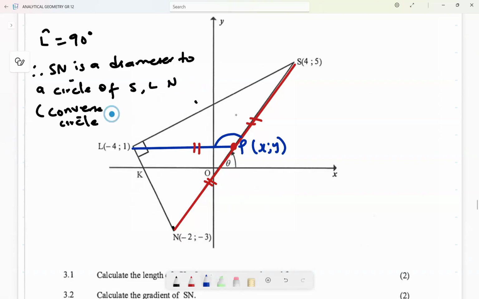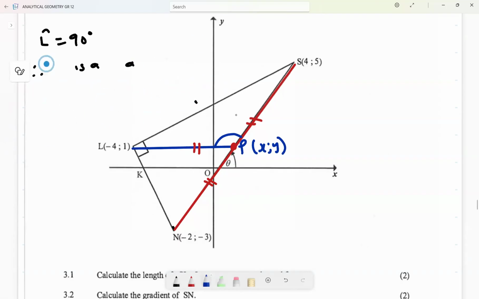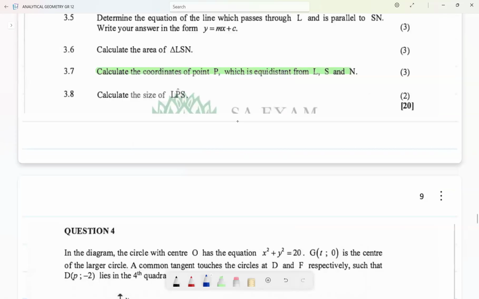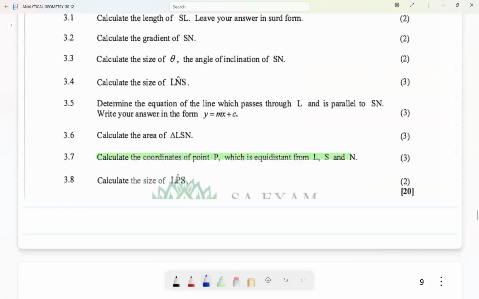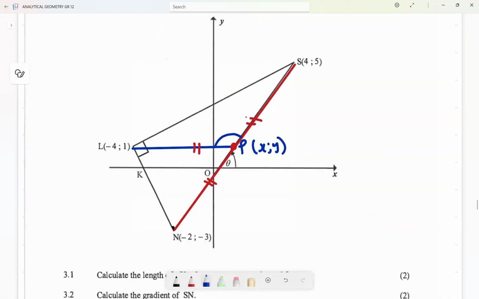Okay, guys, I'm going to allow you to do this using LPS, right? LP. Which angle do I have? LPS, yes. I'm going to allow you to use this. You have this side here, PS.